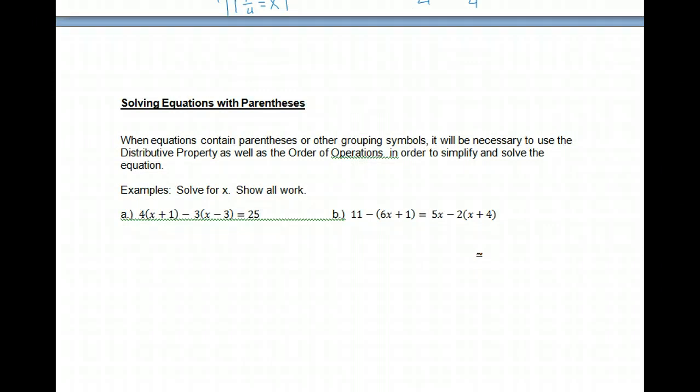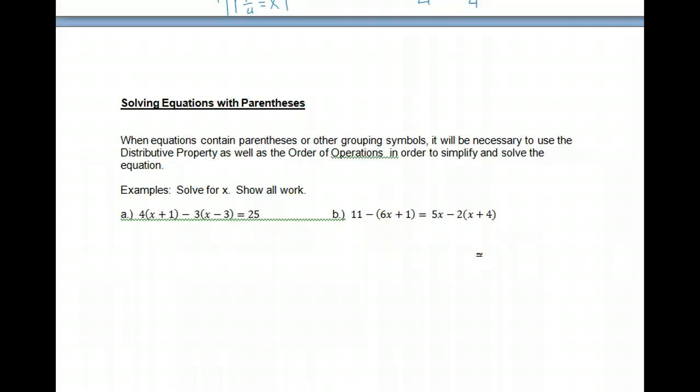The last objective in this lesson is for us to be able to solve equations that contain parentheses. So now we're going to start to combine the distributive property as well as the order of operations into our equations as we're solving down.